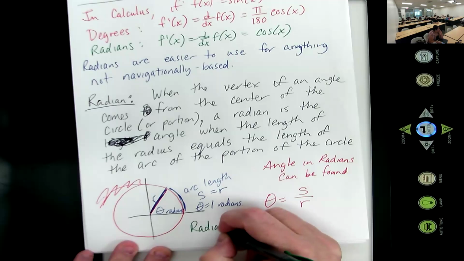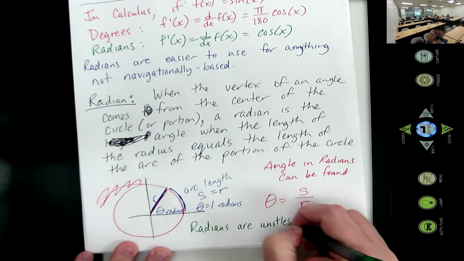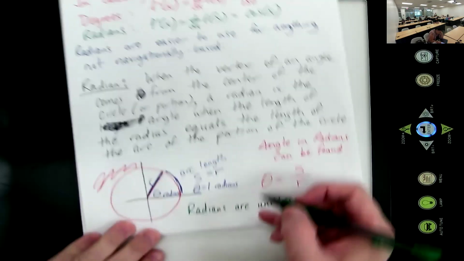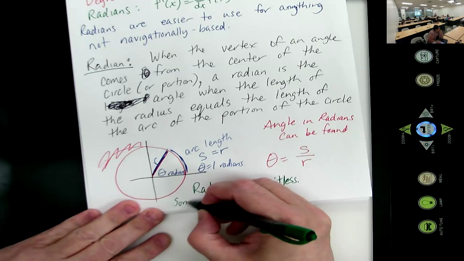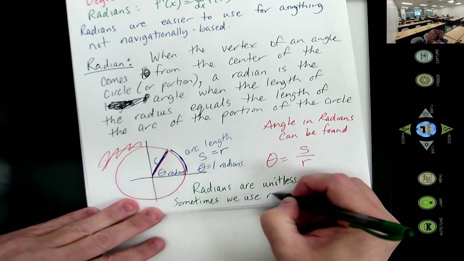Radians are unitless. There's no degree on them. Sometimes we write rad just to make it extra clear, but it's not a unit.